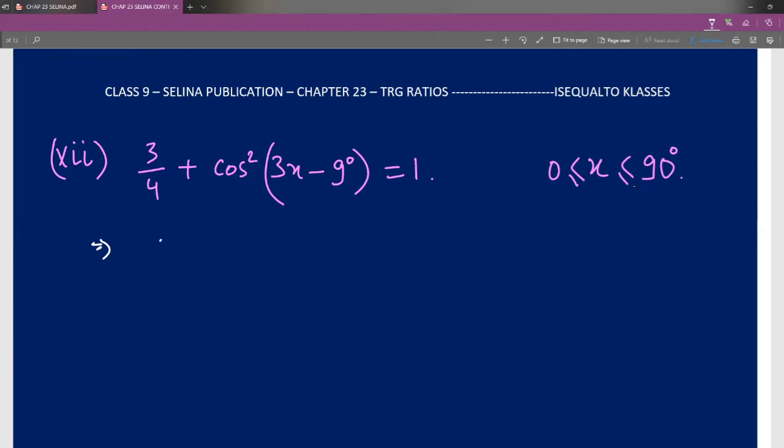So that logic is cos square 3x minus 9 is equal to 1 minus 3 upon 4. The 3 upon 4 will move to the RHS and become minus 3 upon 4.